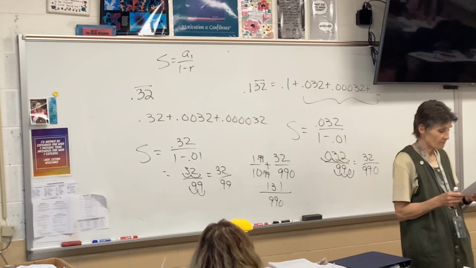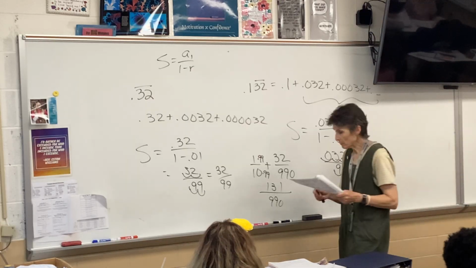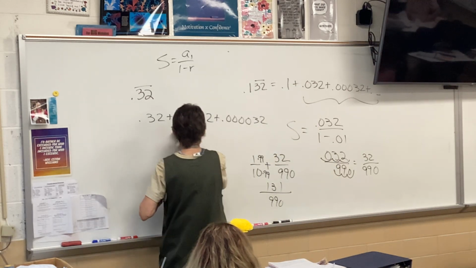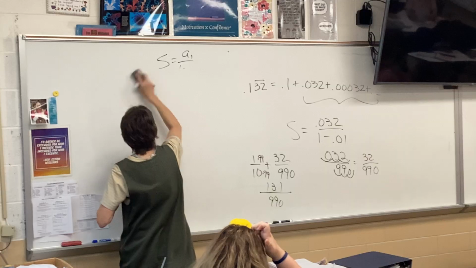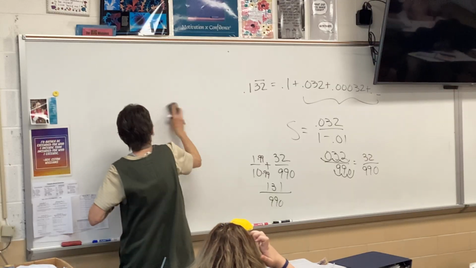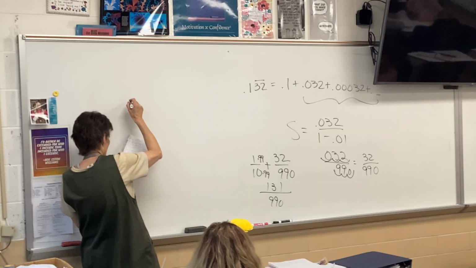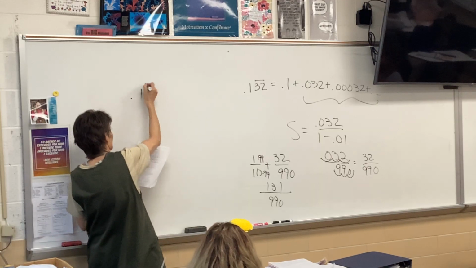Number three on 9-5 says, rewrite as a fraction in lowest terms. So, you're gonna do exactly what we've been doing. Decimal is 0.1 with 3 repeating.